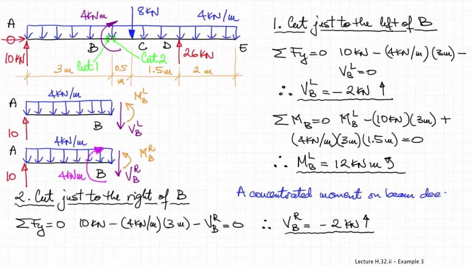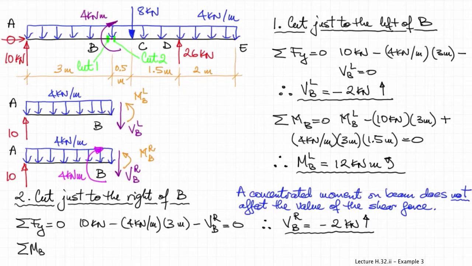Which means, as we can see, that a concentrated moment on the beam does not affect the value of the shear force. The shear force stays the same, -2 kilonewtons, to both the left of point B and to the right of point B.